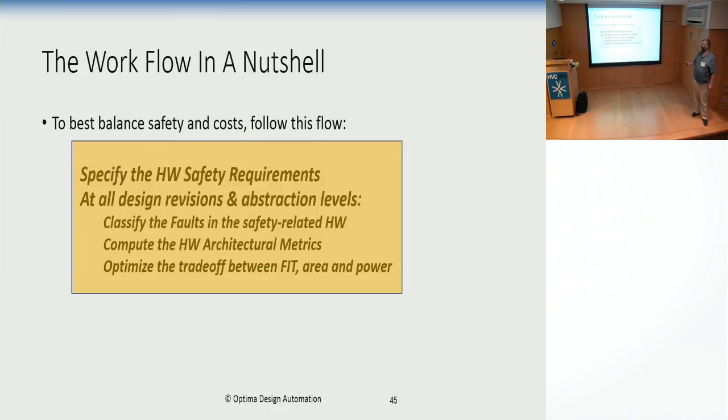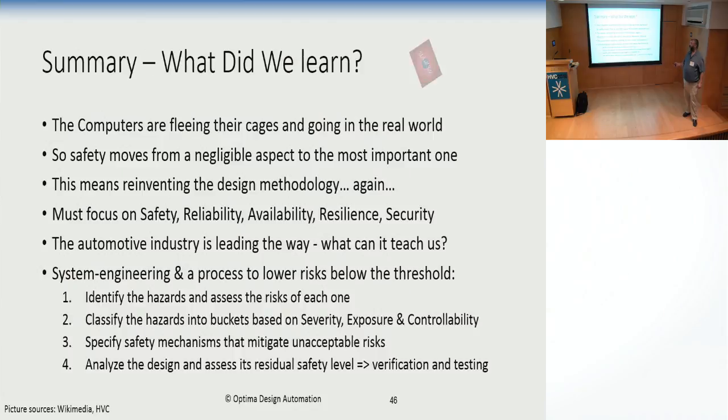Classify the faults in the safety-related hardware, compute the architectural metrics, optimize trade-off between FIT, area, and power. Repeat. Every time you modify design, every time you go to a new abstraction level, lower typically, and this will help you get where you need.